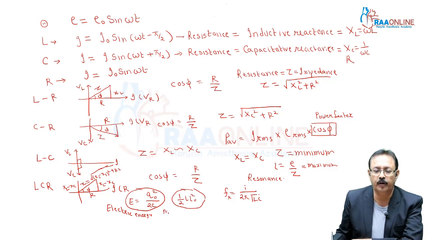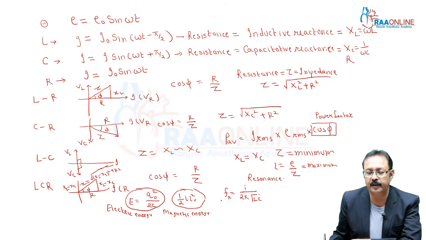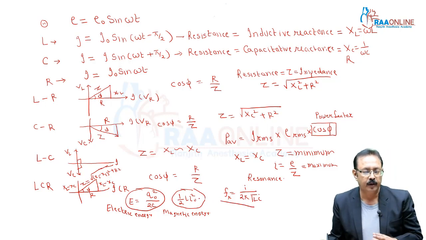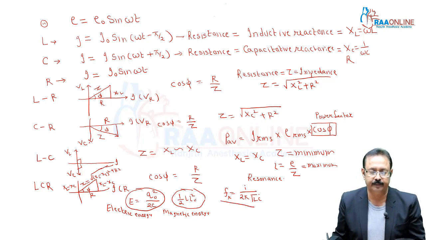So energy is oscillating between capacitor and inductor. And the frequency of oscillation is 1 upon 2 pi root over LC.